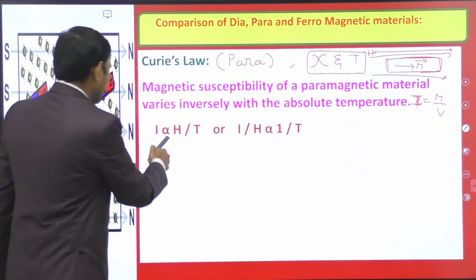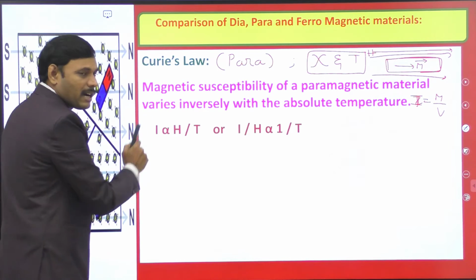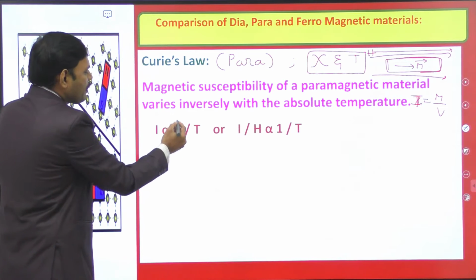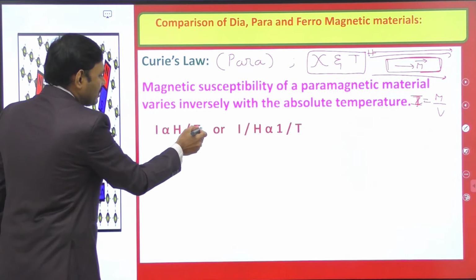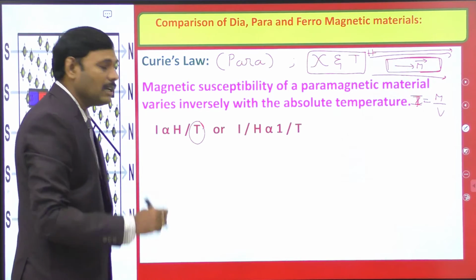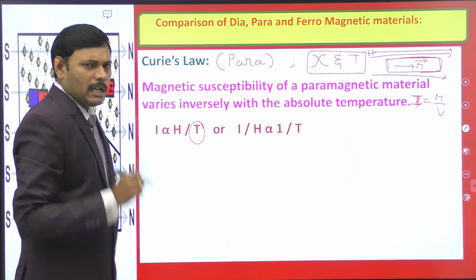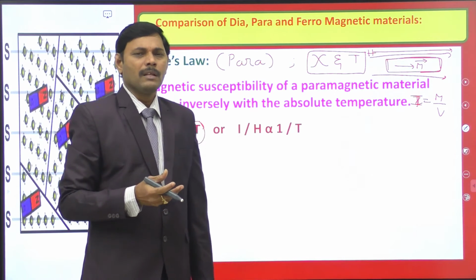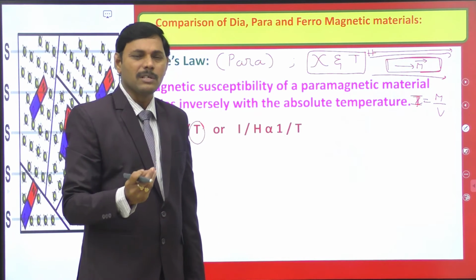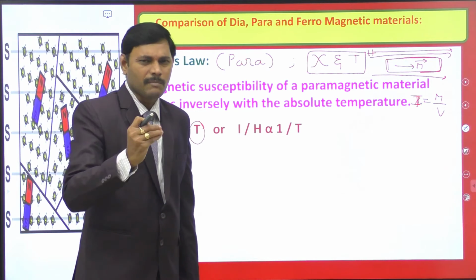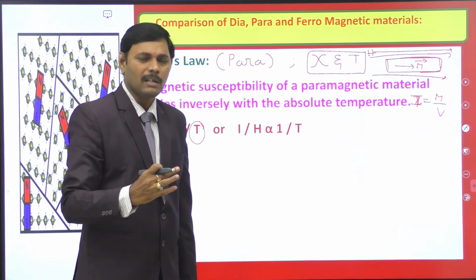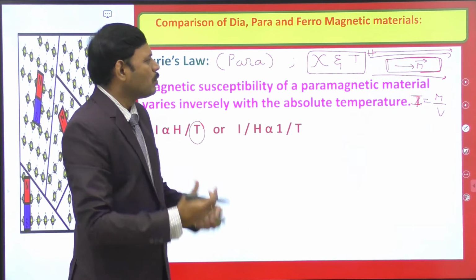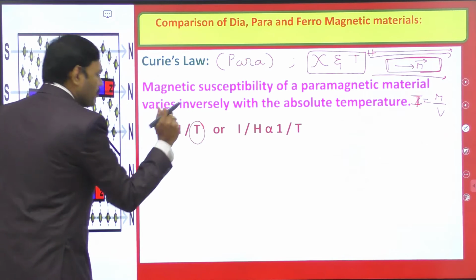The intensity of magnetization induced inside a magnetic material is caused by H, so I is proportional to H. And one more important point is I is inversely proportional to T, absolute temperature. If the absolute temperature of the magnetic material increases, then they get thermal energy. The random motion of the atoms increases, they become disordered and it destroys the contribution of magnetic moment. So magnetic moment goes on decreasing as absolute temperature increases.